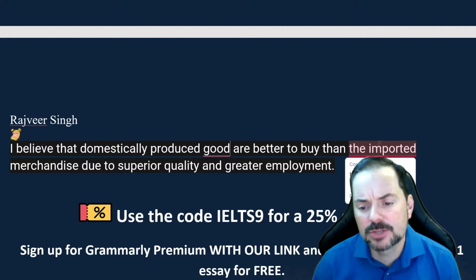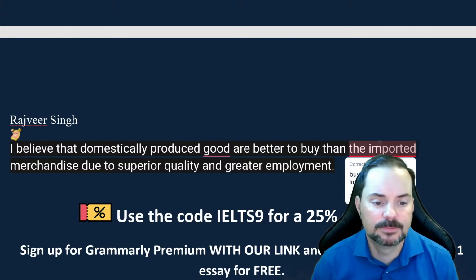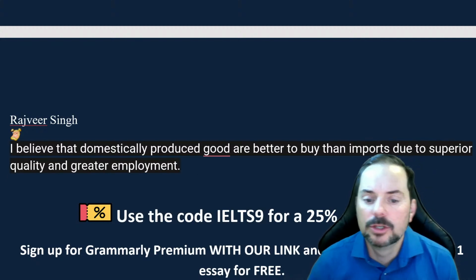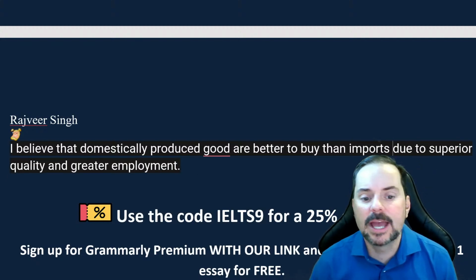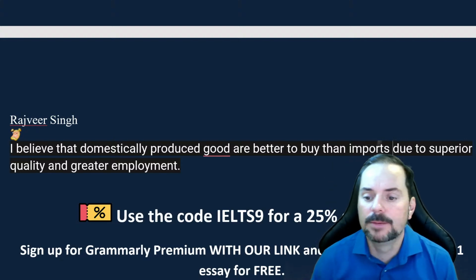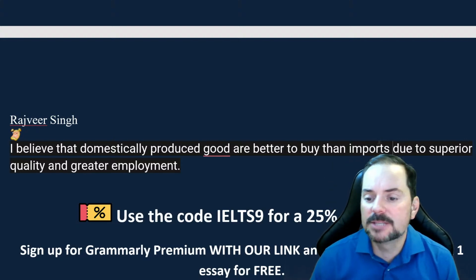Be concise, Rajveer, than imports. Due to superior quality and greater employment. That is a band 9 thesis, everyone. Simply put, it's nice paraphrasing and nice parallel grammar.